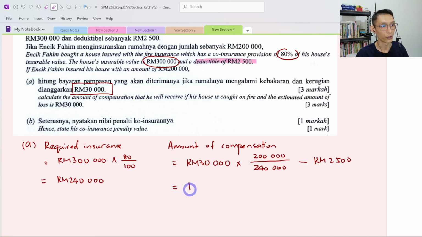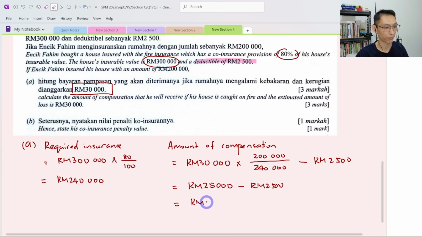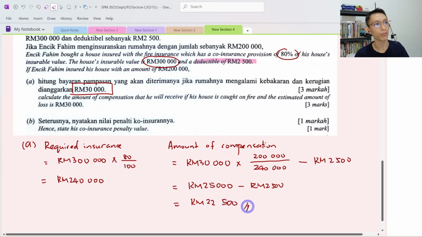You will get 25,000, and then don't forget to minus the deductible. So this is the amount received, paid by the insurance company: 22,500 ringgit. Now let's go to part B.